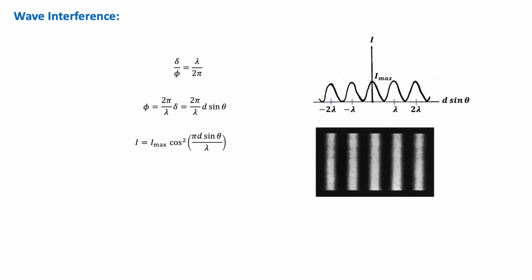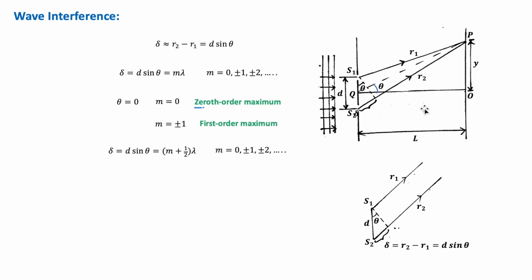We know that a path difference of lambda corresponds to a phase difference of 2 pi radians. So we have the ratio delta over phi equal to lambda over 2 pi, so phi is related to delta through this equation, and so phi depends on the angle theta. This is the angle theta here.